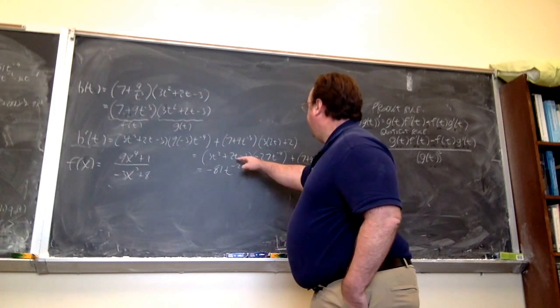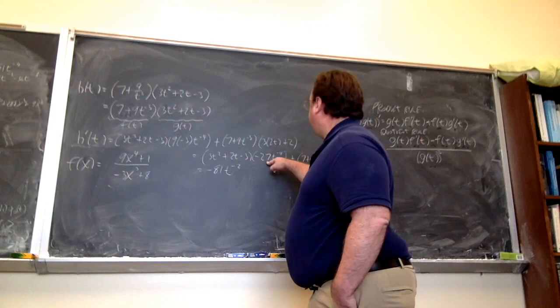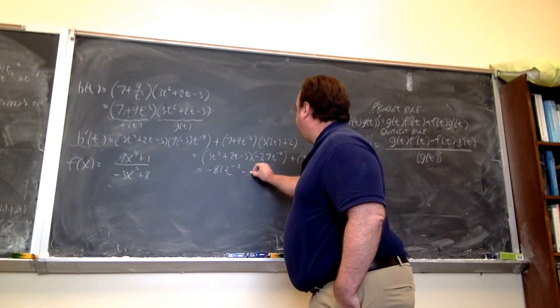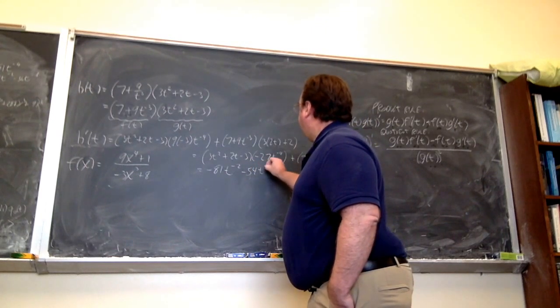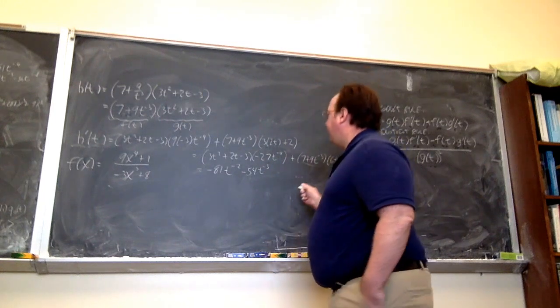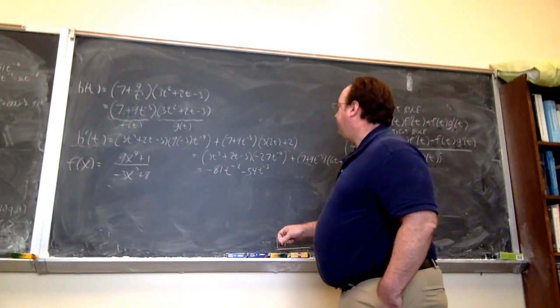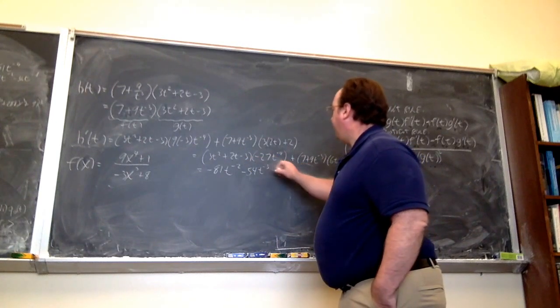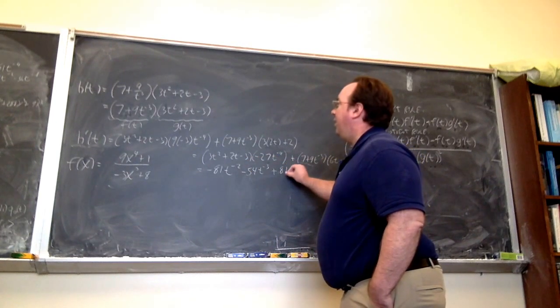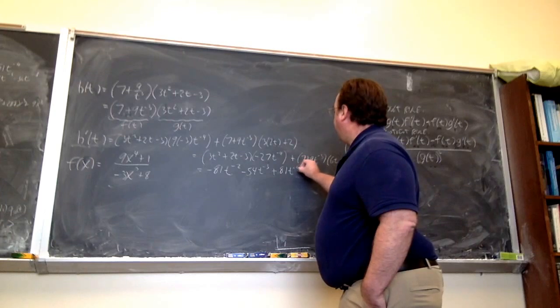And then I have plus 2t times minus 27t to the minus 4, so it's minus 54t to the minus 3. Again, adding the exponents. We have a 1 here and a minus 4 here. And then I have minus 3 times minus 27, that's plus 81 t to the minus 4.